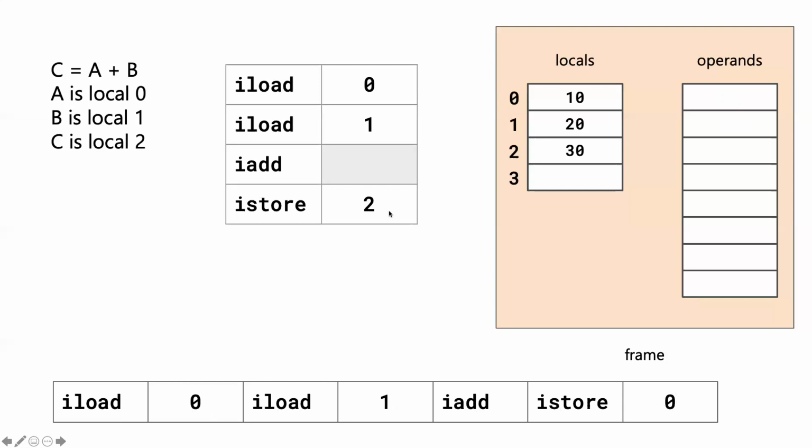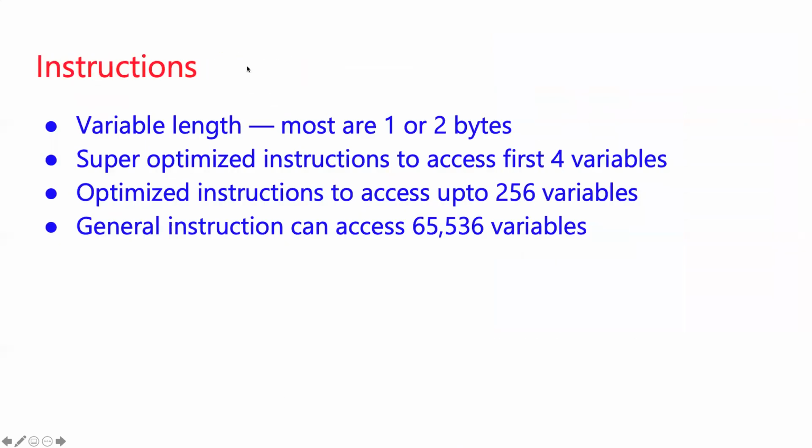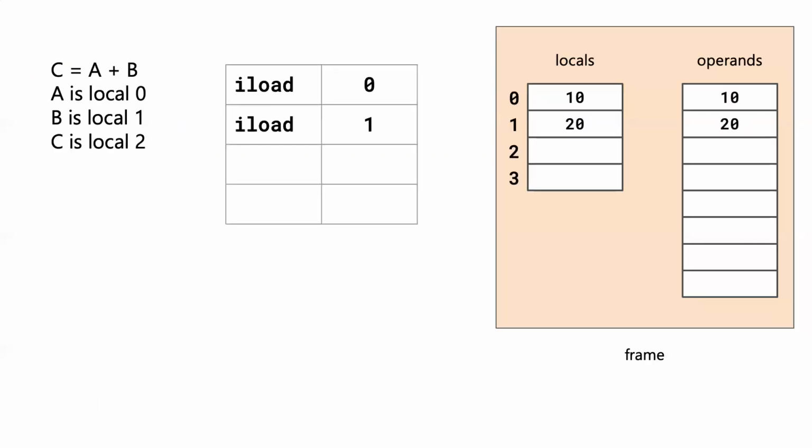Questions before I say one other thing that is sort of a mistake. Remember several slides ago, I was trying to make the point that there are special versions of instructions for accessing the early local variables. And this example didn't really show those. This makes it look like iload is going to take as an operand the index of the variable you want to load.